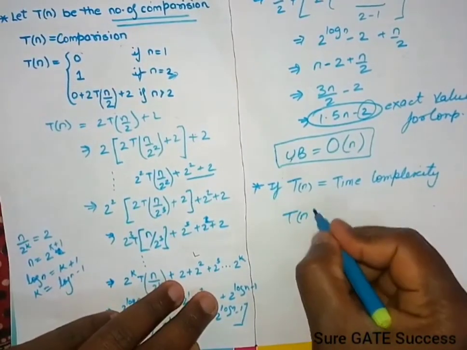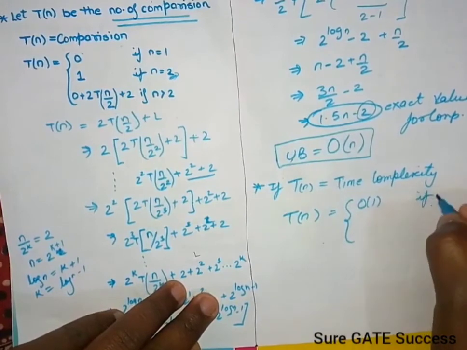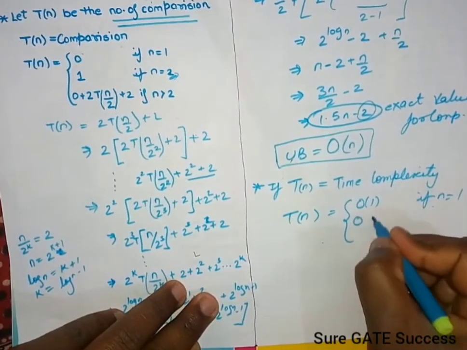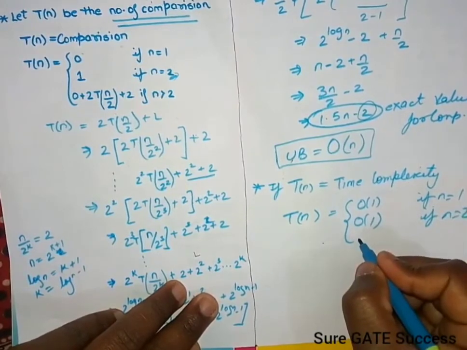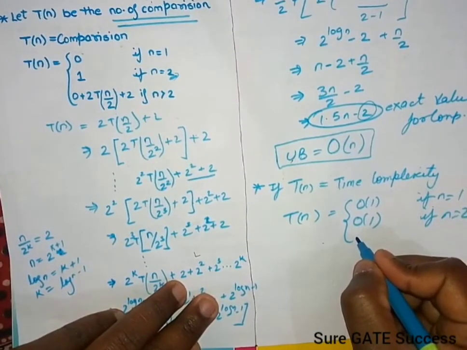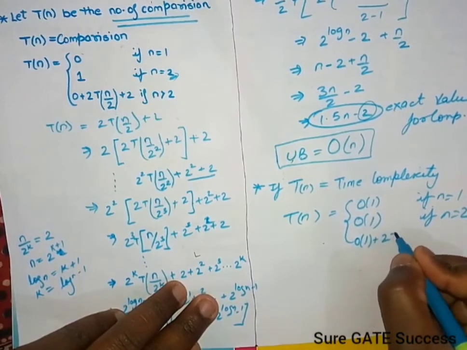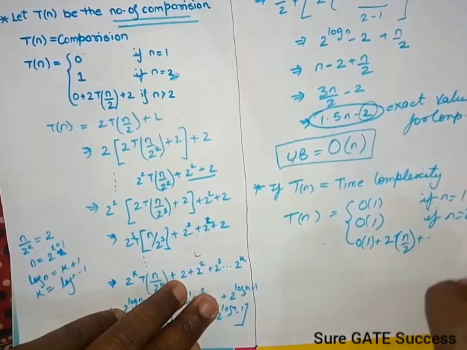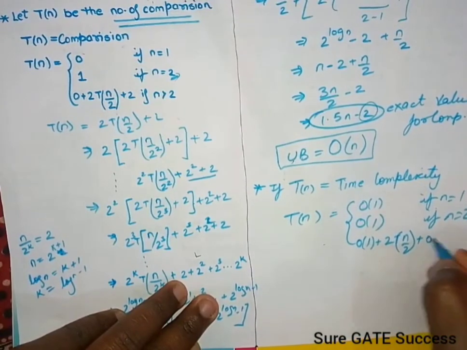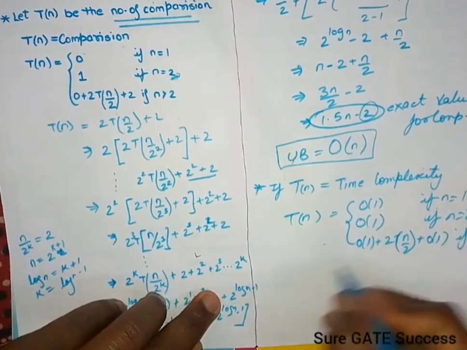We can write the recurrence relation as order of 1 if n is equal to 1, order of 1 if n is equal to 2, and 2T(n/2) plus a constant if n is greater than 2, because for comparison we take some constant time.